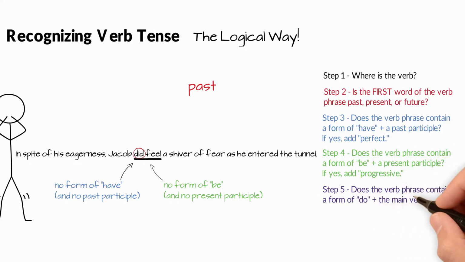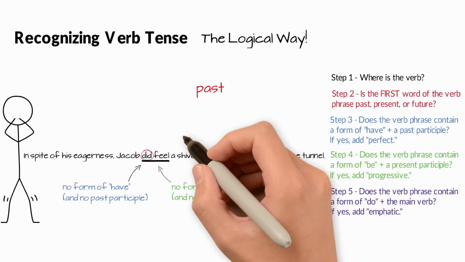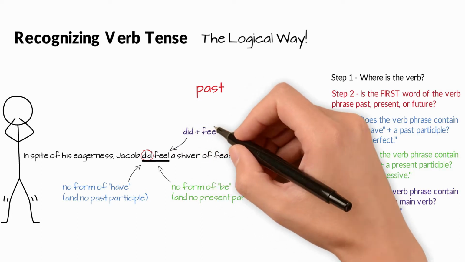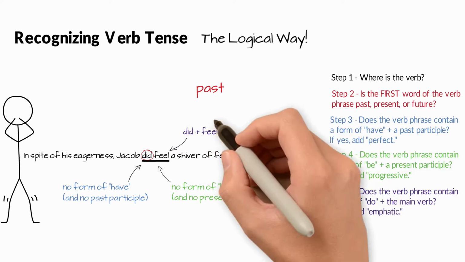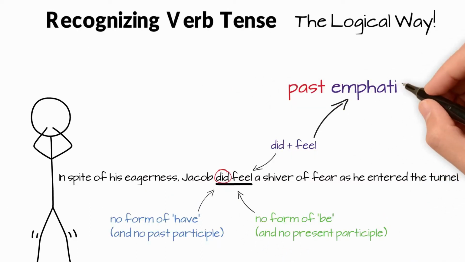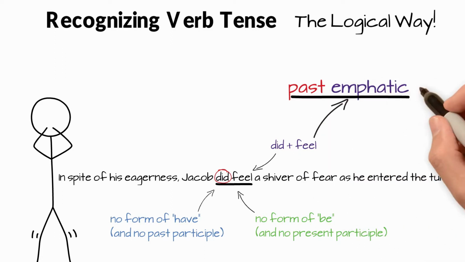Step 5, does the verb phrase contain a form of do plus the main verb? And in this case it does, so we add emphatic. And so with those 5 steps, if they can identify past, present, and future, they know what a past participle is, they know what a present participle is, they can identify any verb tense. It will always give them the right verb tense.